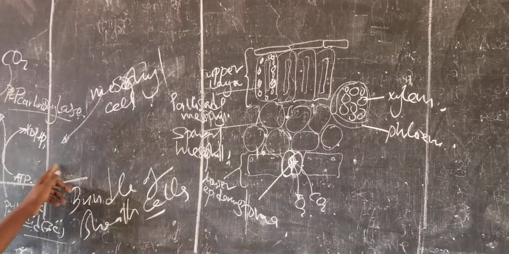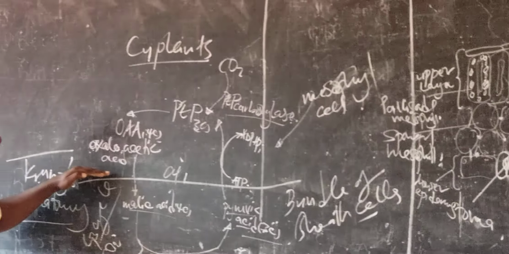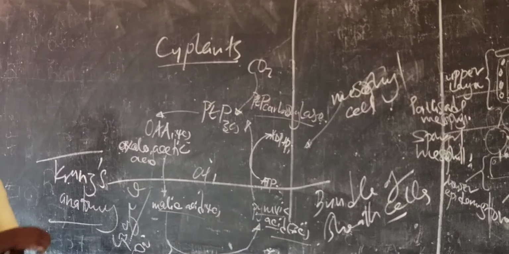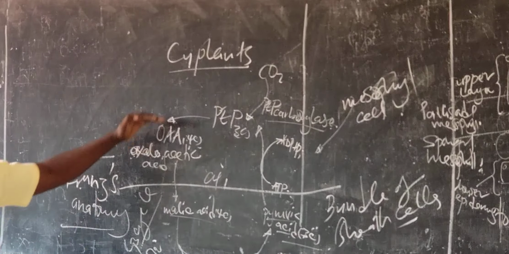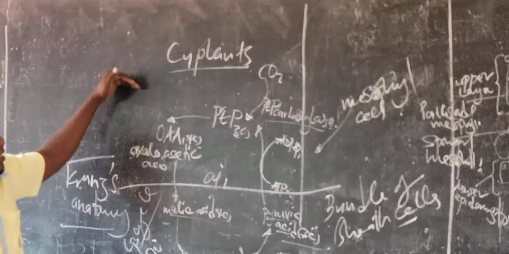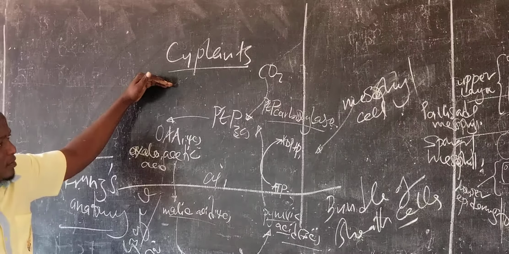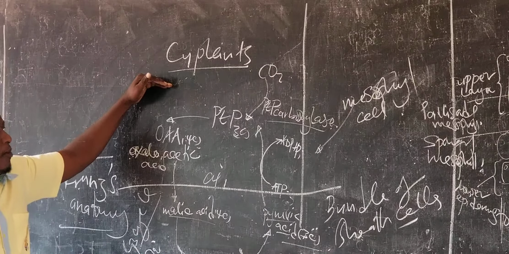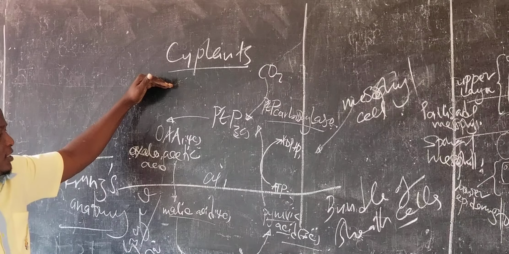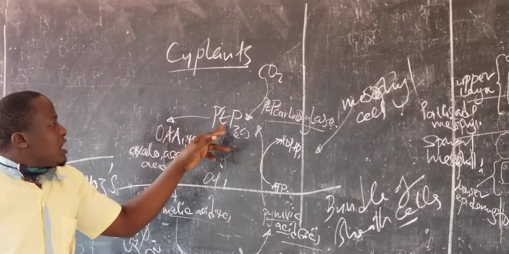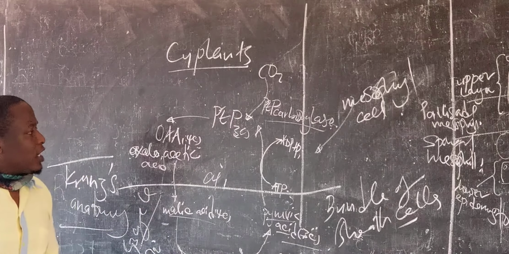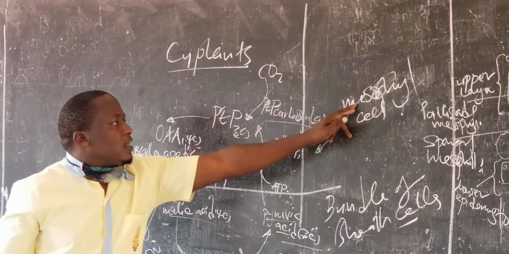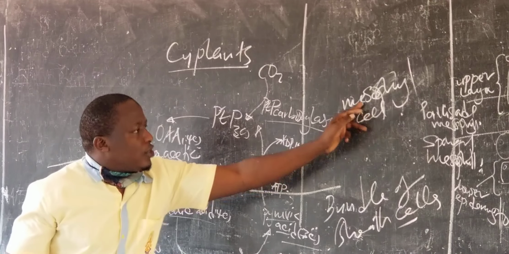When you come here, on our illustration of the C4 plants, the C4 cycle, or the Hatch-Slack pathway we appreciated yesterday, I wanted to emphasize that carbon dioxide fixation, with PEP accepting carbon dioxide, occurs in mesophyll cells.